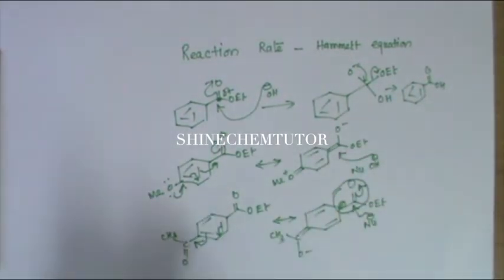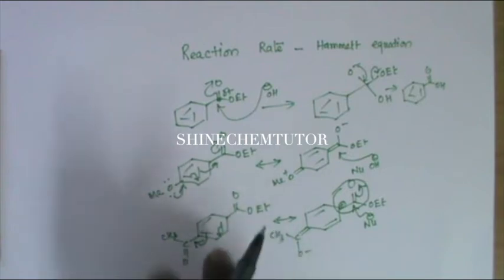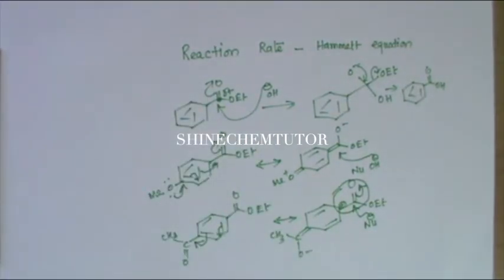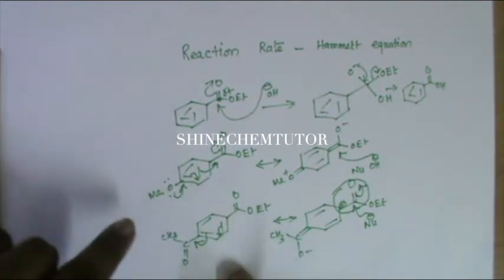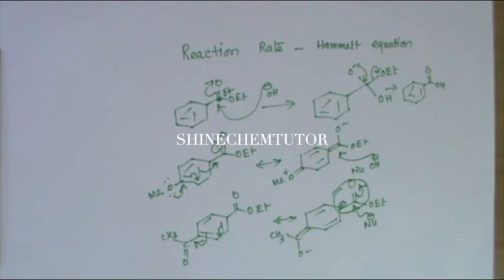So the rate of this reaction will be higher compared to ethyl benzoate. So this will react faster than ethyl benzoate and this will be slower. If you take this as reference, when I introduce an electron donating group, the rate is decreased. When I introduce an electron withdrawing group, the rate is increased.